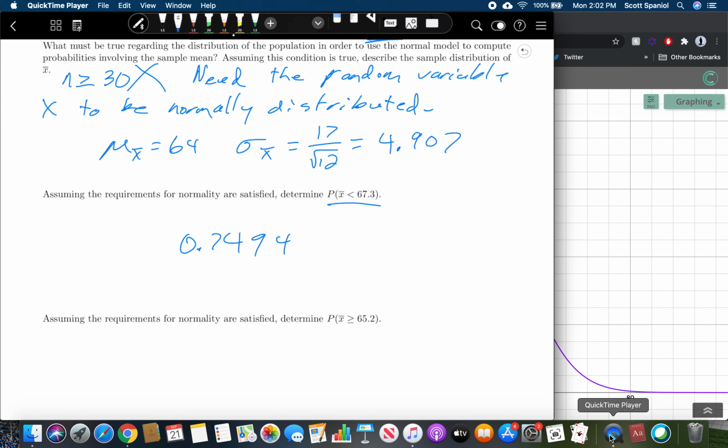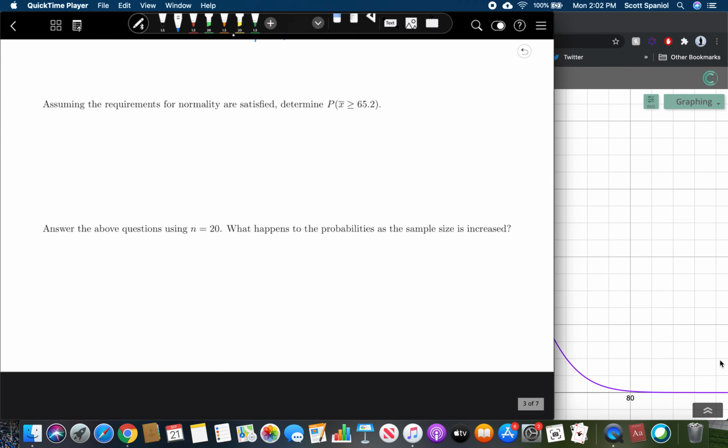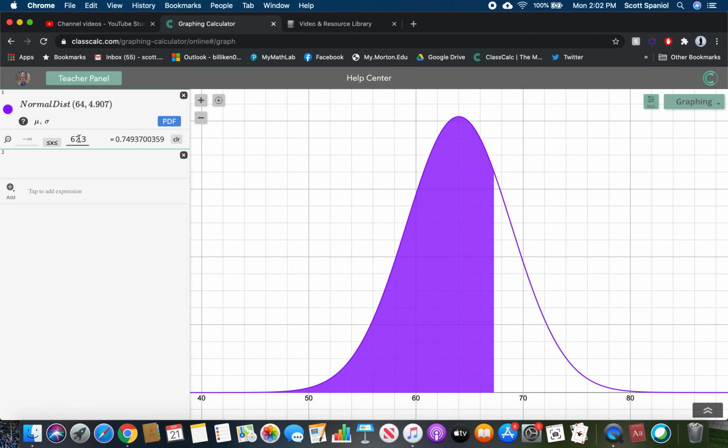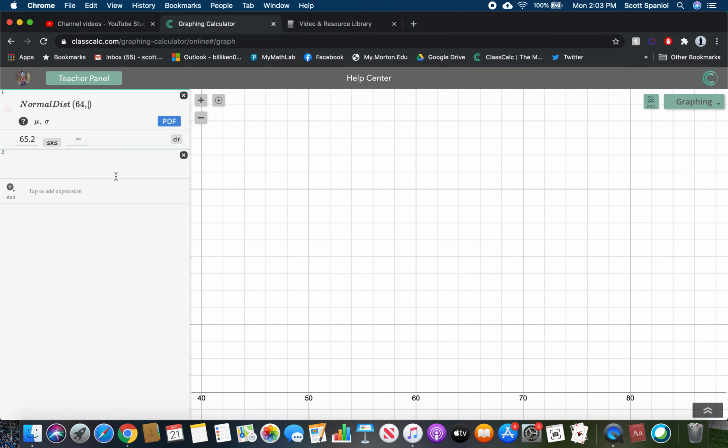Okay, so that's x bar less than that, and then if we want to do x bar greater than that, we get, this time we're doing to the right, so 65.2, and that got us a probability of 0.403. Okay, and so now the question is, well, what happens if the sample size increased to 20? So all that's going to change is our standard deviation. Let me try this one more time.